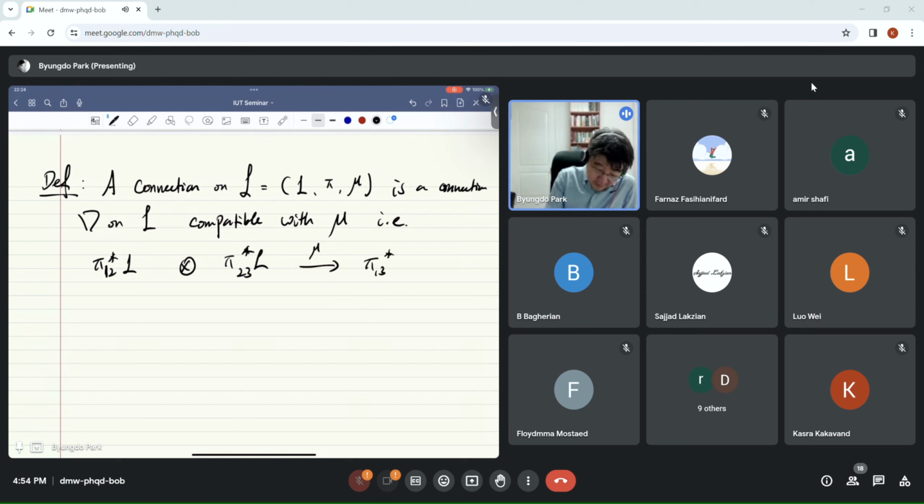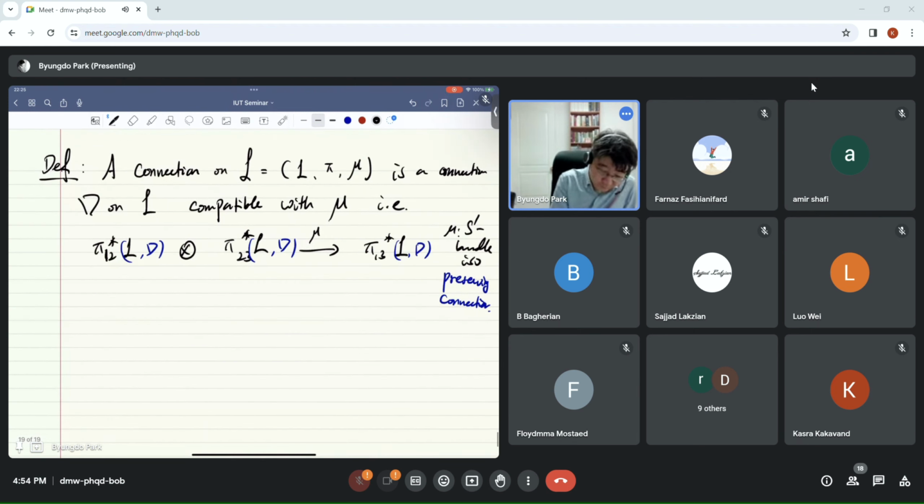This must be an S1 bundle isomorphism, a line bundle isomorphism. Originally mu was an S1 bundle isomorphism, but if you have this connection, you want to require that it preserves the connection. So it must be a connection-preserving isomorphism that you will require as a definition.